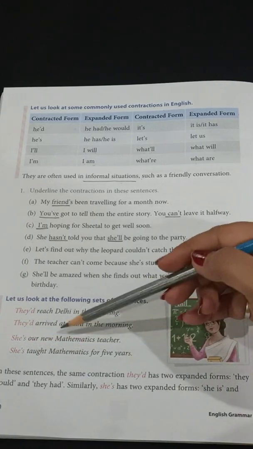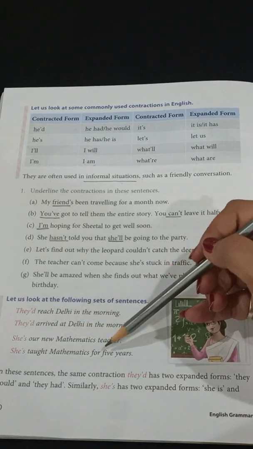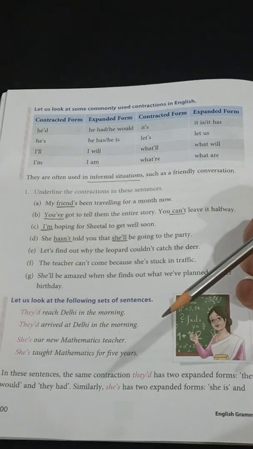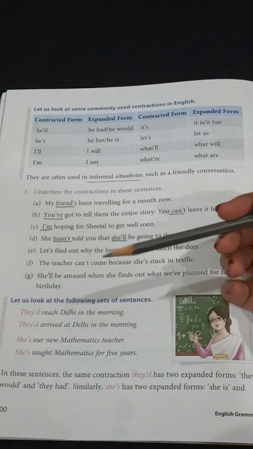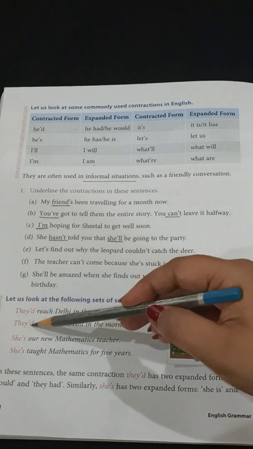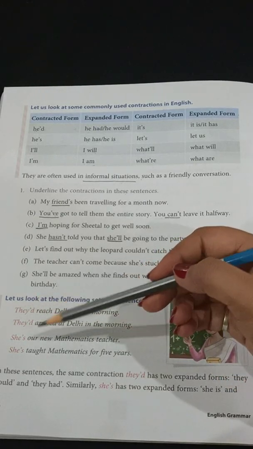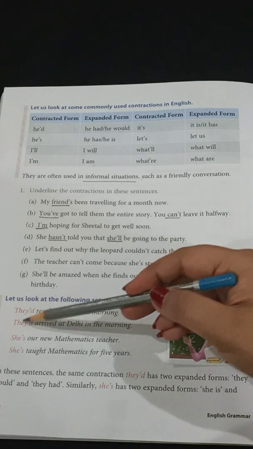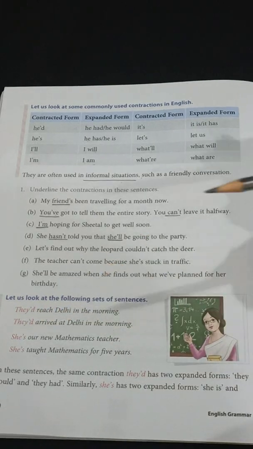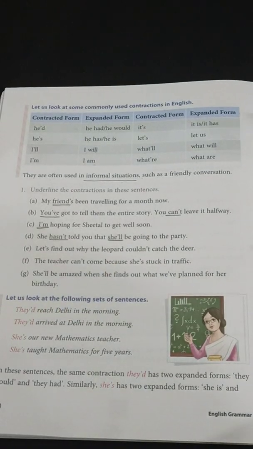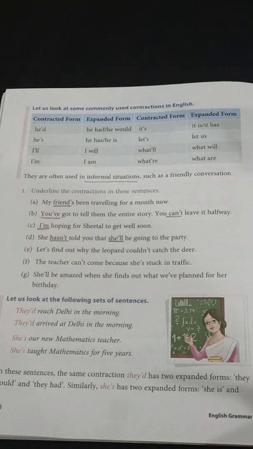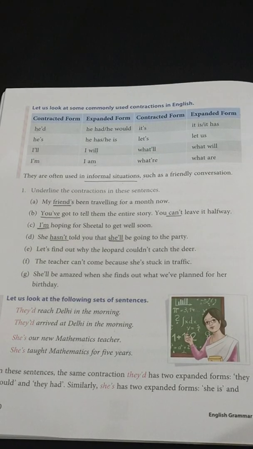She's taught mathematics for 5 years. Now students, here we have used the same contraction. The first one says that they would reach and the second one says they had arrived. Now how will you come to know whether it is would or had?